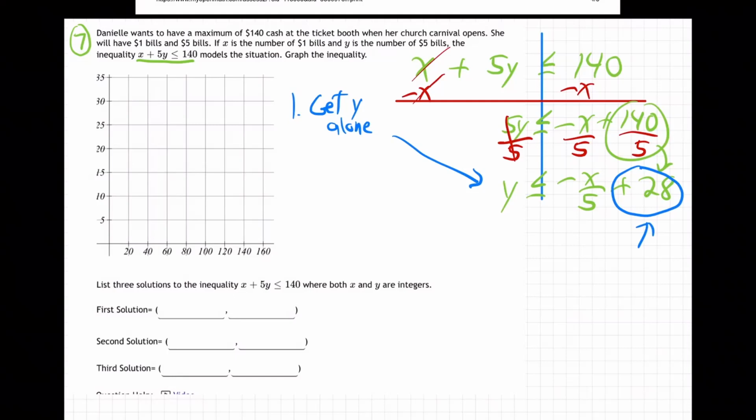Now, I wonder how well we're going to be able to find that spot on this graph. Let me see here.